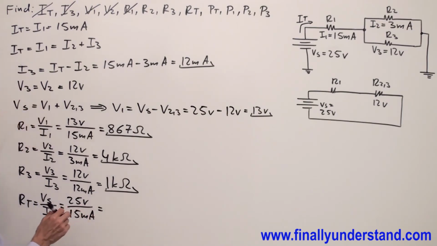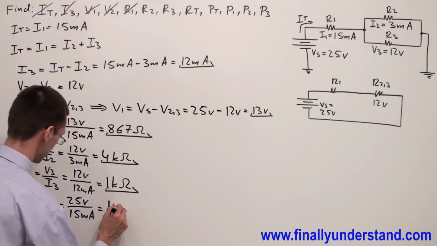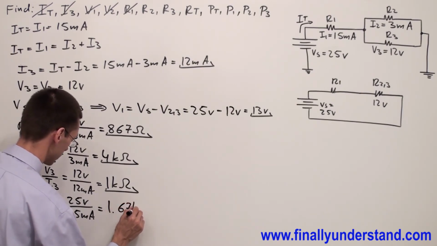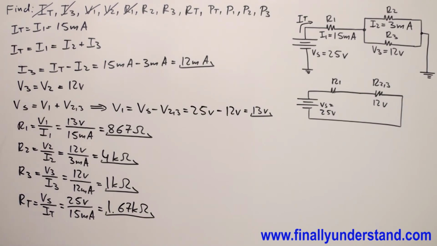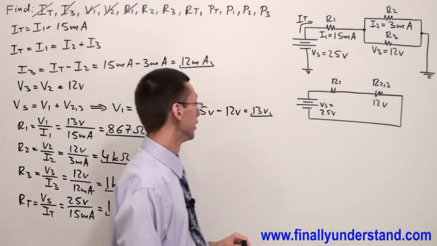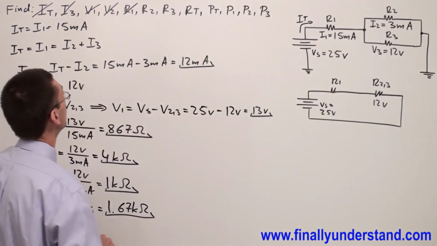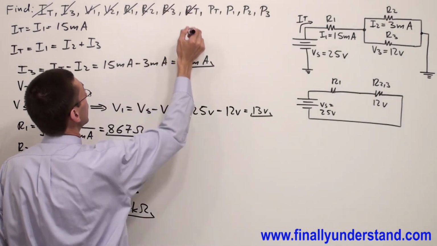This is equal 1.67 kiloohms. Okay, so this is the total resistance of my circuit.